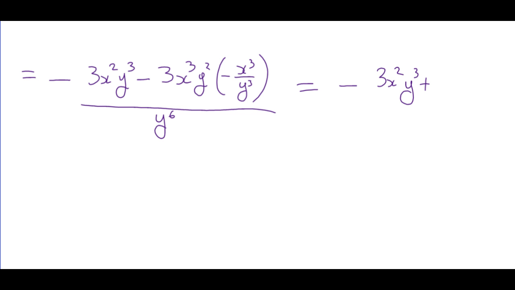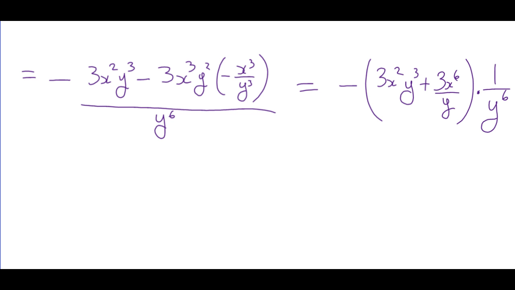Multiply these together, you get plus 3x to the 6th. I got a y squared over y cubed, so plus 3x to the 6th over y. And let's go times 1 over y to the 6th, because we get that y to the 6th in there to deal with as well.